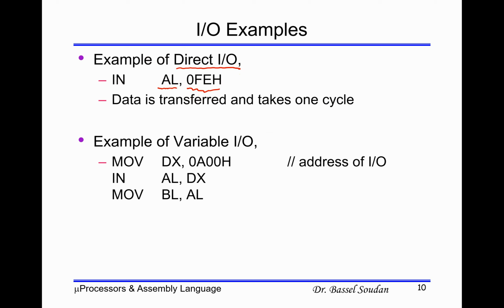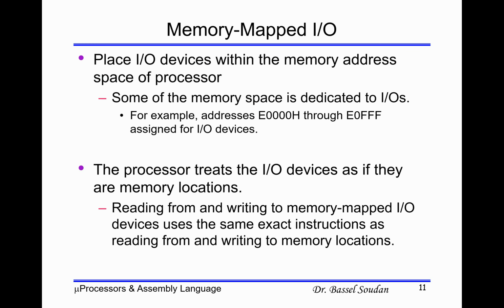If I'm using the indirect, that means I have to put the port first into the DX and then perform the IN instruction or the OUT instruction through the AL register. So now we finished discussing how the input output interface is performed for the 8088 and the 8086 microprocessors.